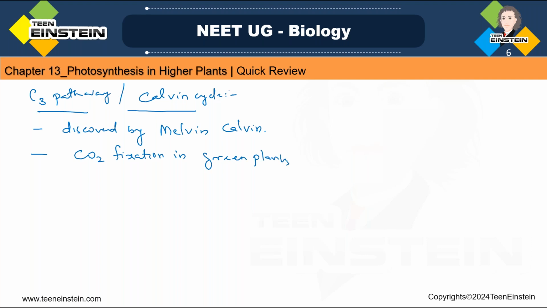In this pathway the assimilatory power, the NADPH and ATP produced in the light phase, are used to reduce carbon dioxide to carbohydrate.